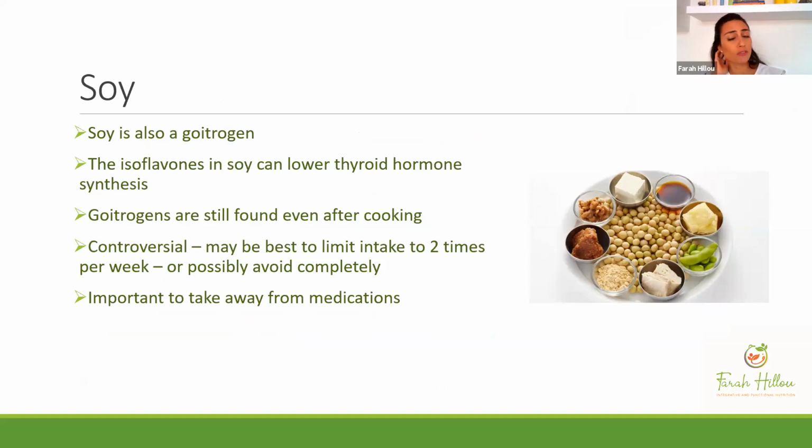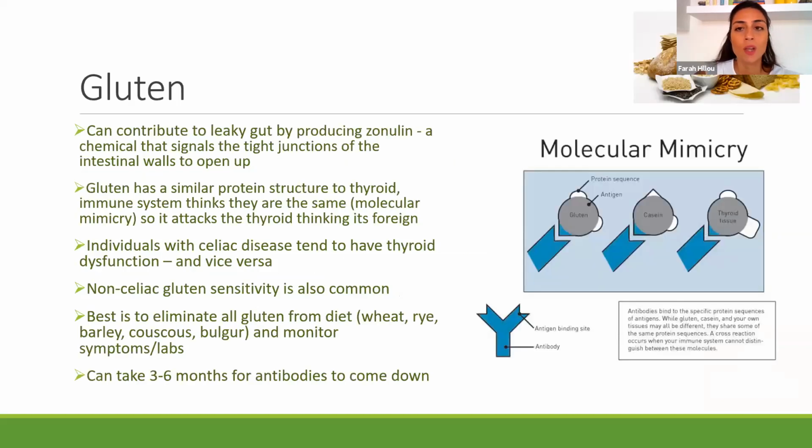So things like tofu, edamame, miso, anything that stems or is produced from soy. Okay, so the isoflavones in soy can really lower thyroid hormone synthesis. So you find that soy is very controversial. However, if you do have thyroid autoimmunity, please do limit your intake to about 2 times a week, and do take it away from medications because it can reduce the absorption of thyroid meds.